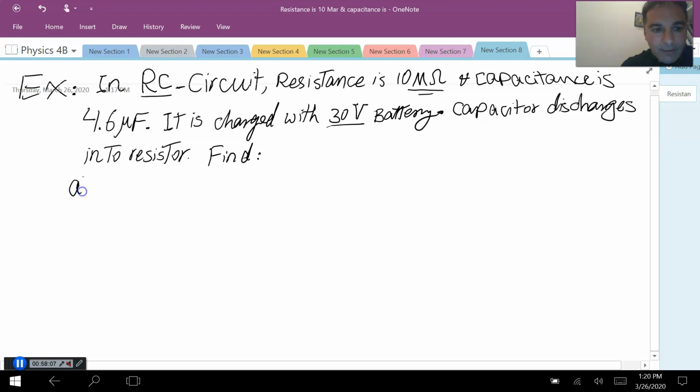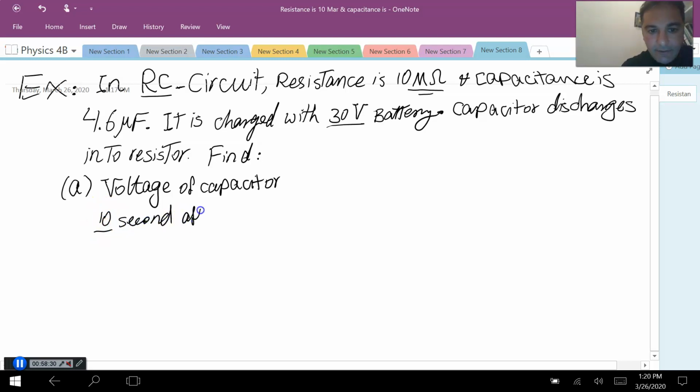Part A. It says find the voltage of the capacitor 10 seconds after switch S gets open.